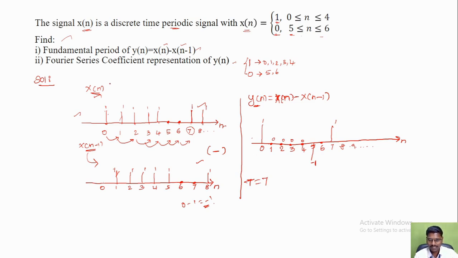Next, the second question is we need to find the Fourier coefficient representation of y of n. We need to find the Fourier series coefficient representation of y of n.